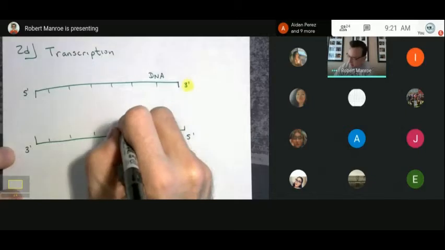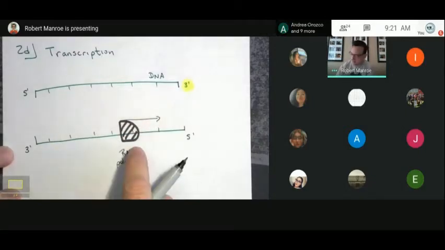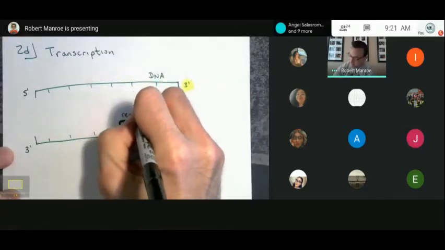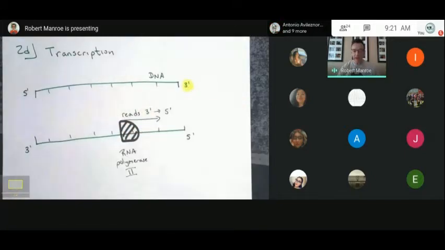And then, as every other enzyme does, the RNA polymerase reads in a 3' to 5' direction, always. Okay? So then what is formed is complementary to this DNA strand.